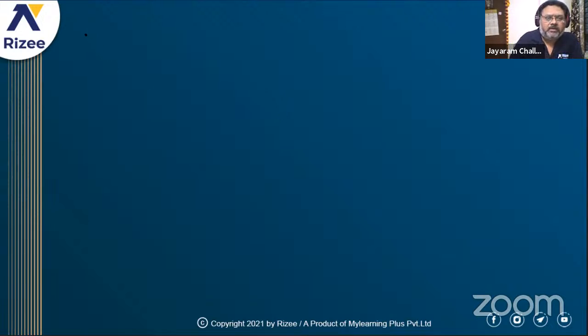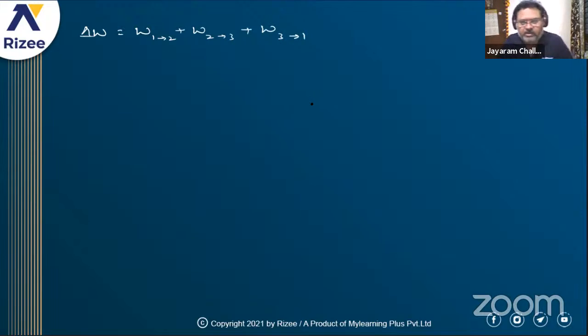So now what is the work done here? Delta W has three parts: the work done along the first to second process, plus the work done from second to third process, plus the work done from third to first process. It's a cyclic one. The work done from first to second process is an isobaric process.